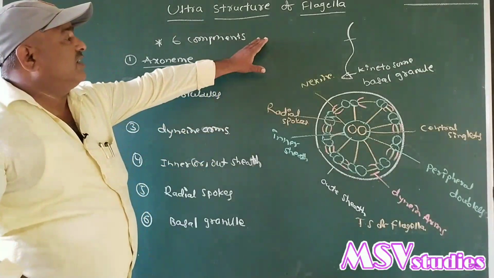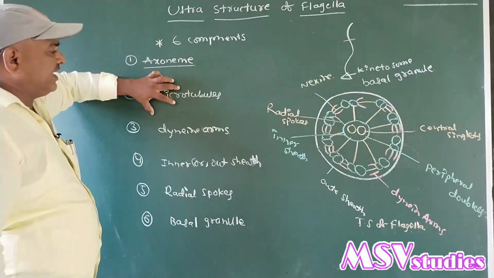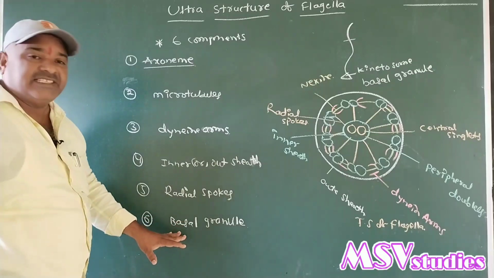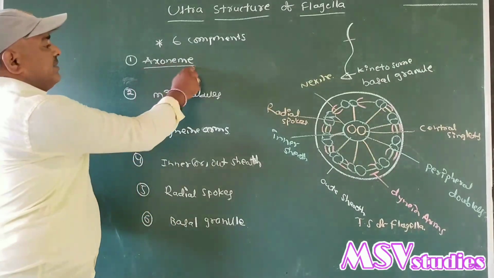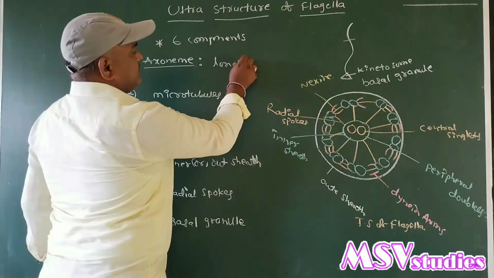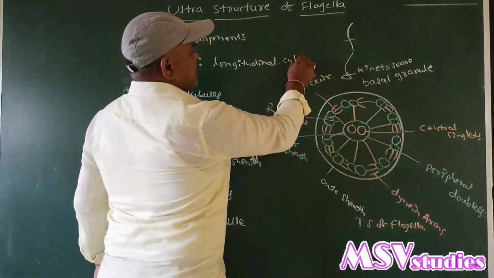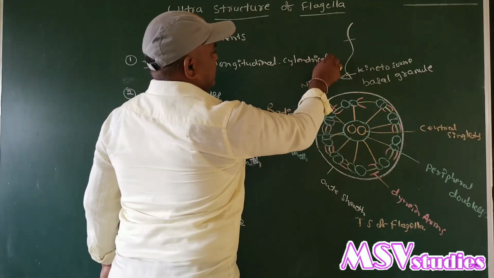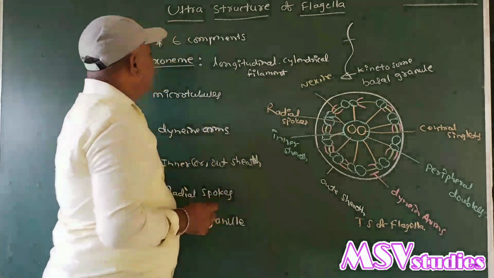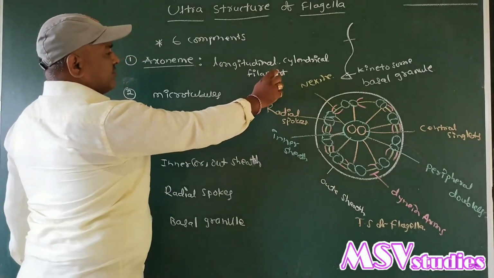The flagellum consists of 6 components. They are axoneme, microtubules, dynein arms, inner and outer sheath, radial spokes, and basal granulae. So first of all, axoneme. The axoneme is a longitudinal cylindrical filament-like structure.